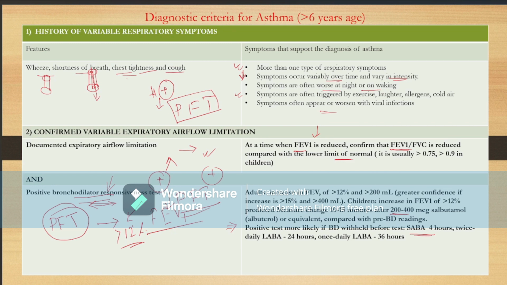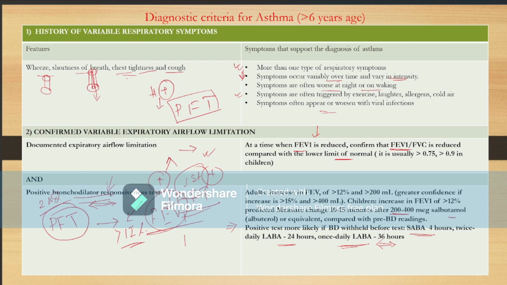Or if the patient is taking twice daily LABA, then we tell the patient not to take the last LABA dose for 24 hours before this test. If the patient is taking once daily LABA, then we tell the patient not to take the LABA for the last 36 hours. Then we do a basic PFT first, and after that we give the short acting SABA at 200 to 400 microgram dose, and after that we do PFT.